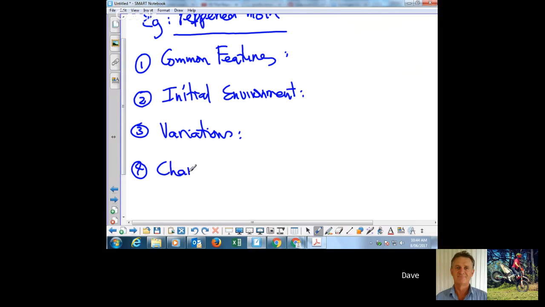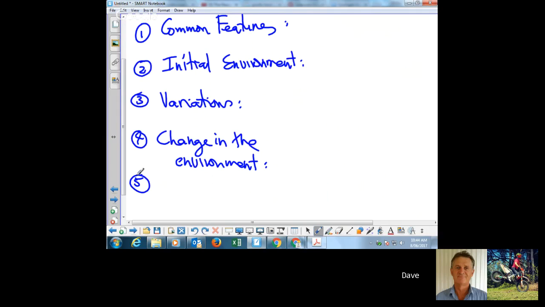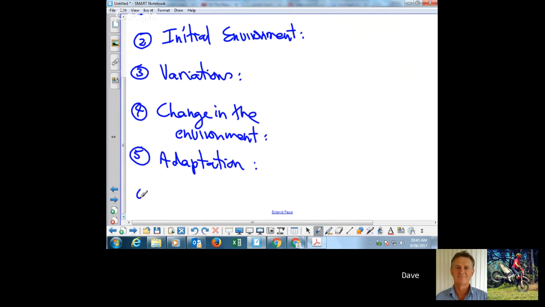What was the change in environment? What was the adaptation? And what was the new either variety or in some instances, species?